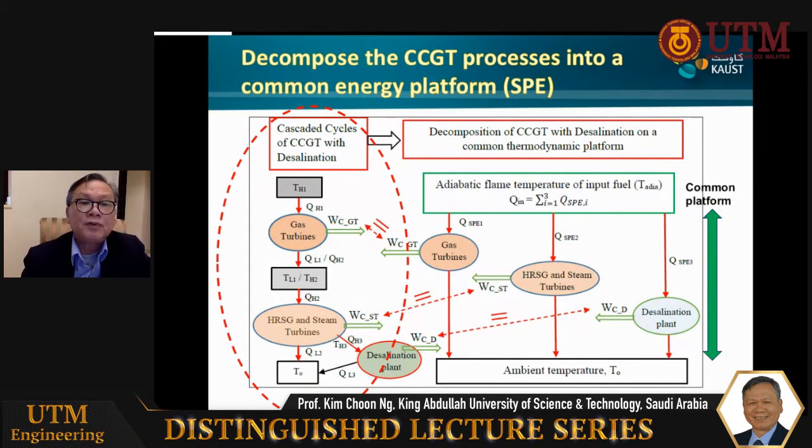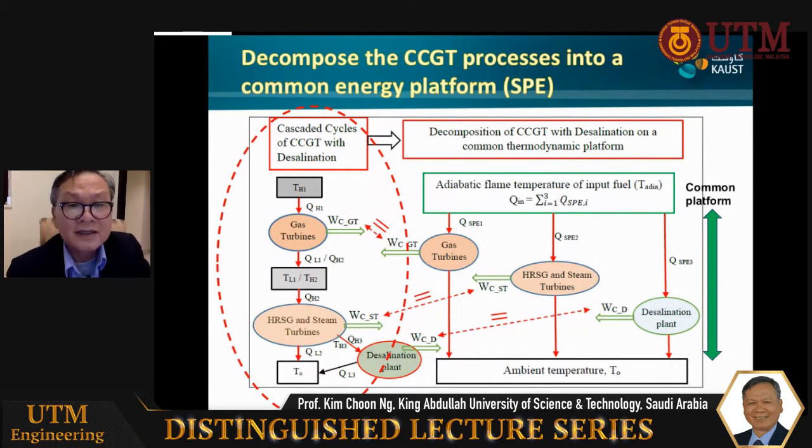At the same time, it produces maximum work WC from the gas turbine. And that heat is then recovered to run the steam turbine at the cycle below, which at the same time produces electricity with a maximum work of WC from the steam turbine. Only a fraction of the steam is bled off as QH3 at a very low temperature and pressure to run the thermally driven desalination plant.